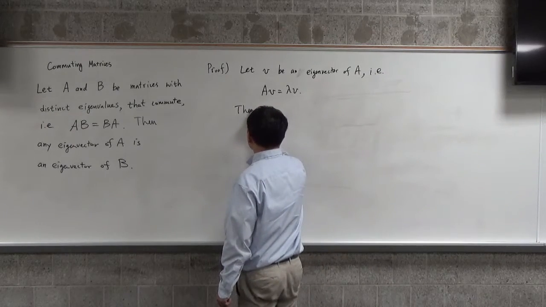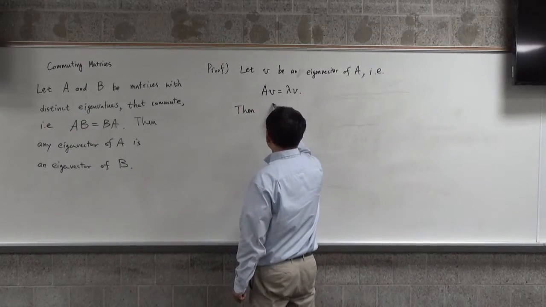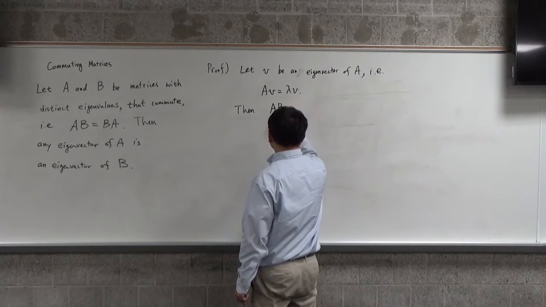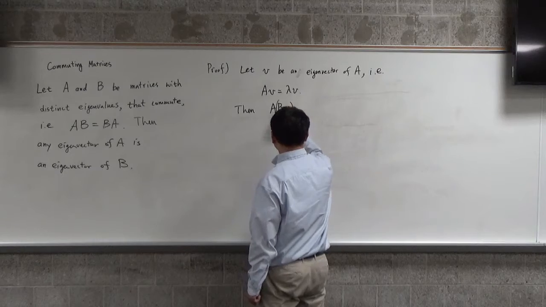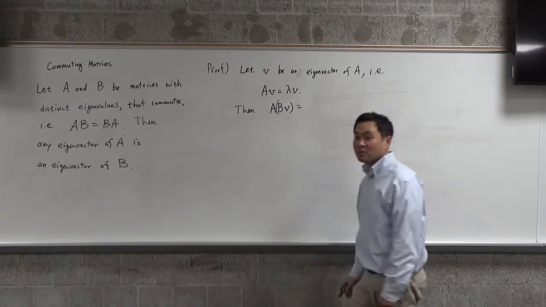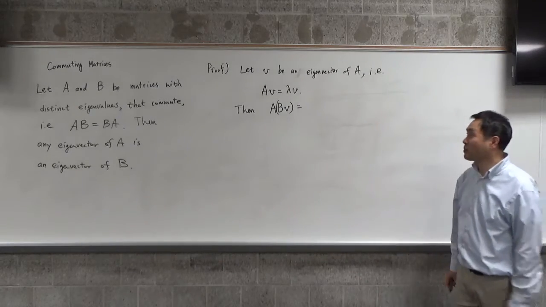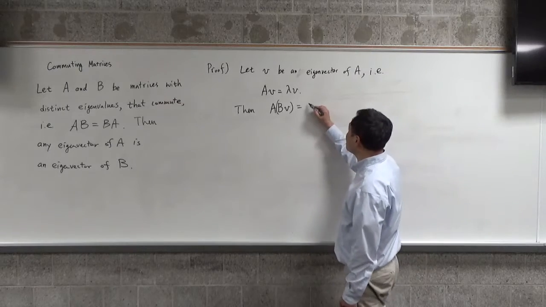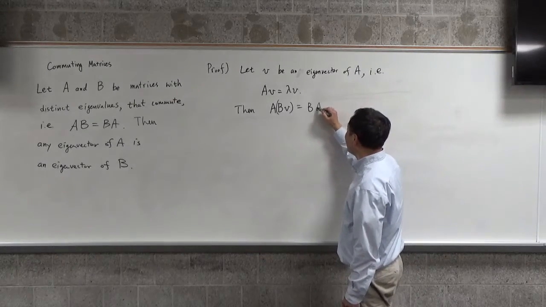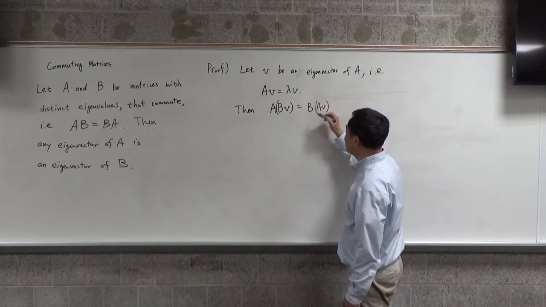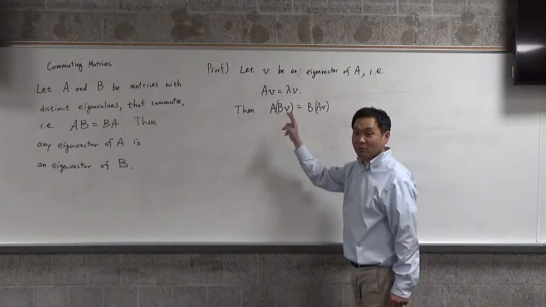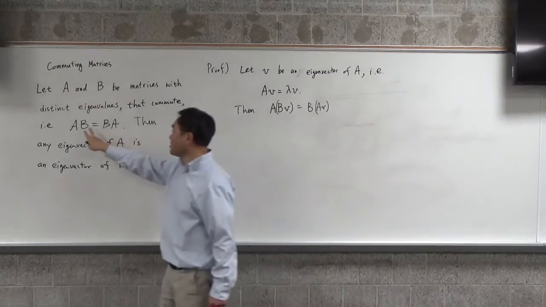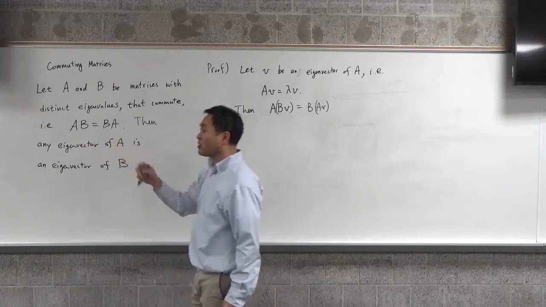Then A times B times V, let's try this, A times B times V would equal B times A times V, because A and B commute, right? AB is the same as BA, so I can commute them.